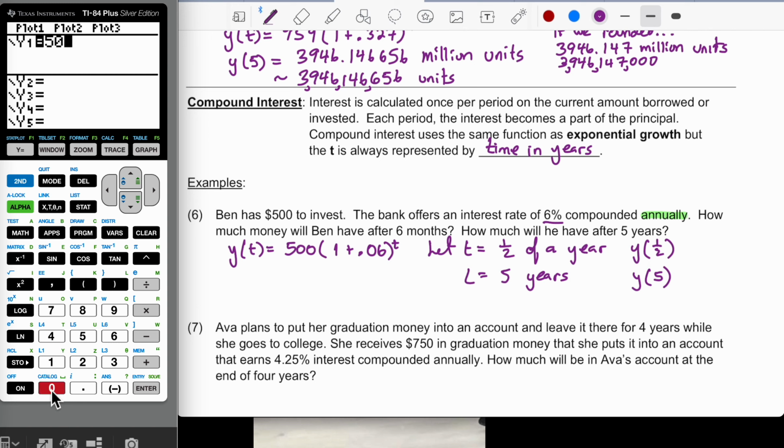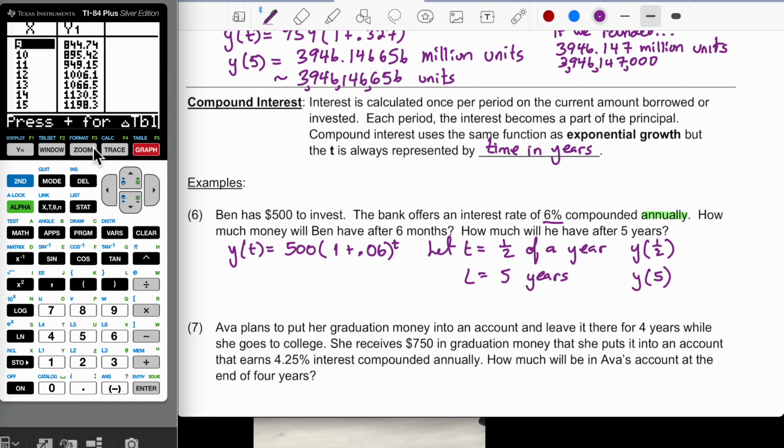So I put in the 500, 1 plus 0.06 raised to the t power or x power. If I go to the table, I can get the answer for 5, but I'm not going to get the answer to 1/2. So you get what you get. So I'll take the 5.